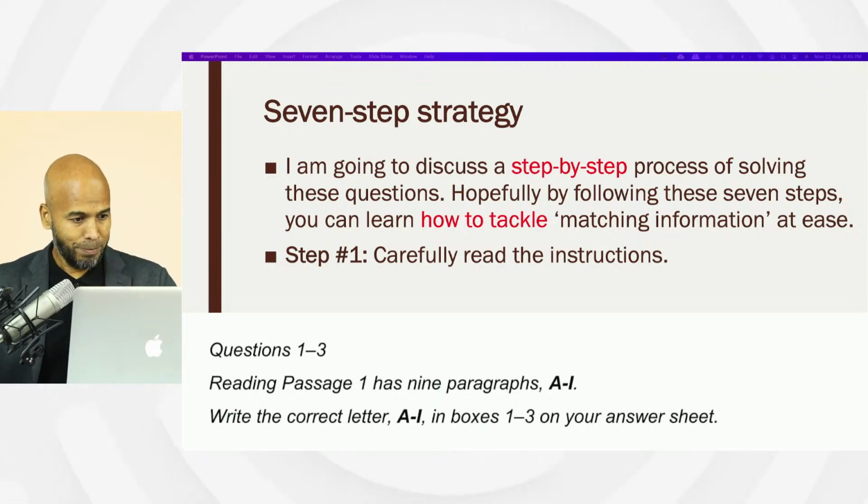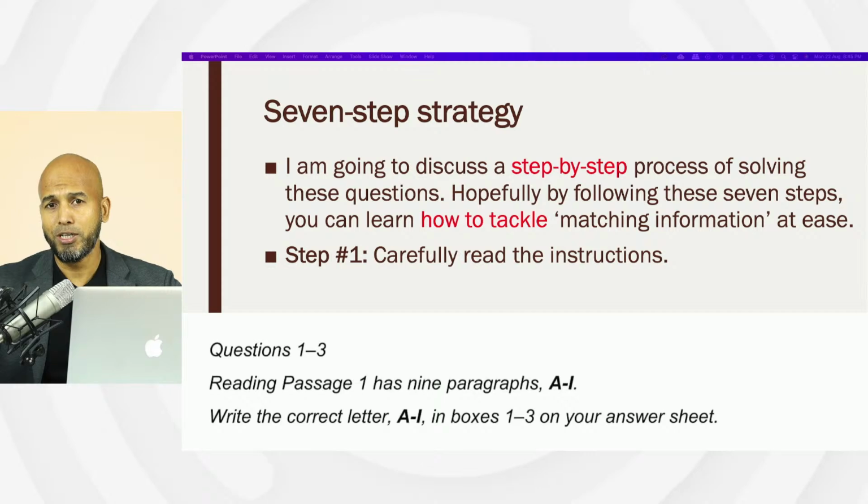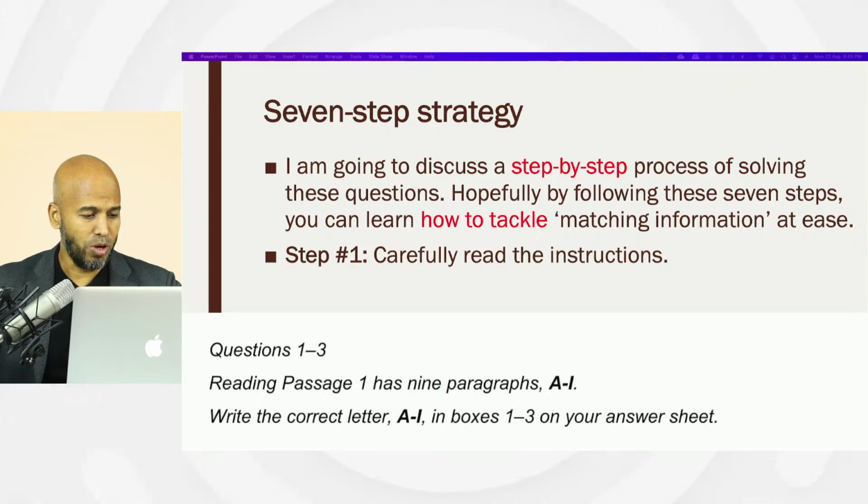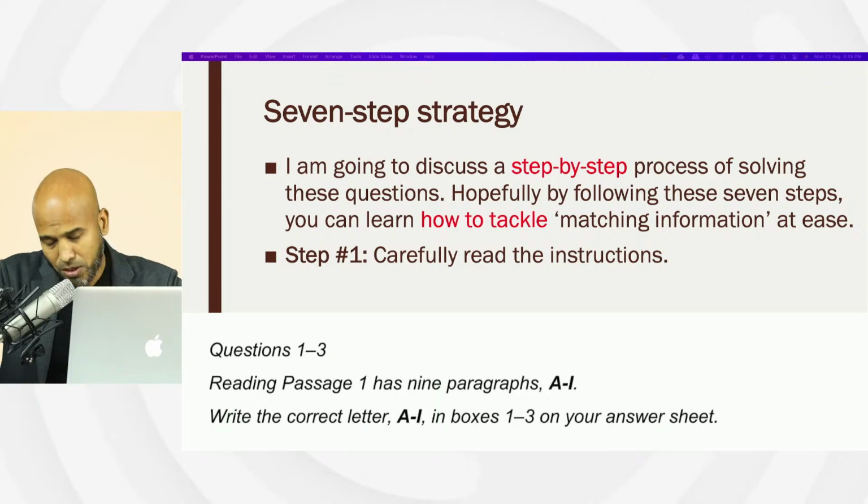Step number 1, carefully read the instructions. I have already shown you the instructions, and here I again put that one instruction. You see questions 1 to 3, read passage 1, which has 9 paragraphs. Why should you read this?